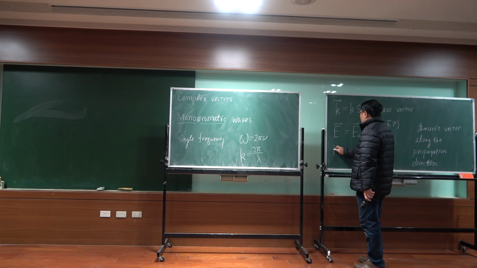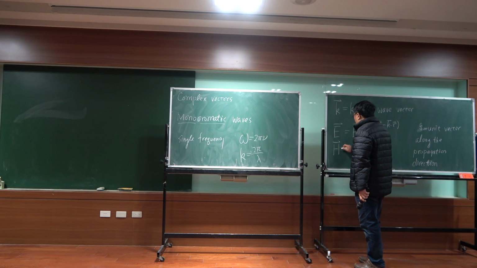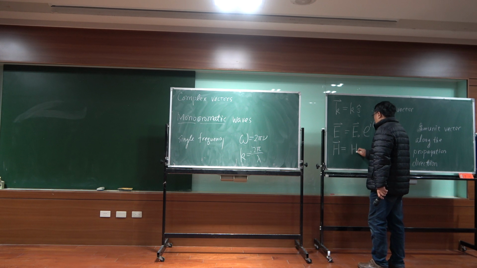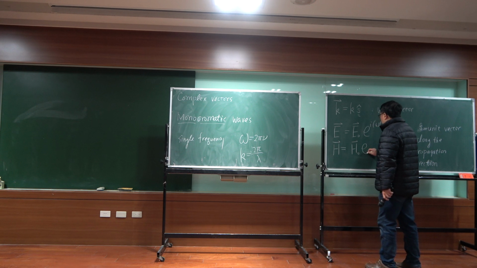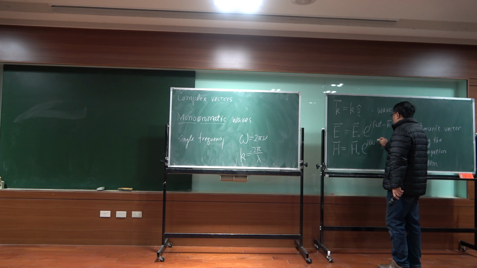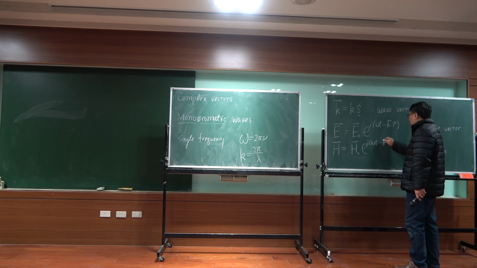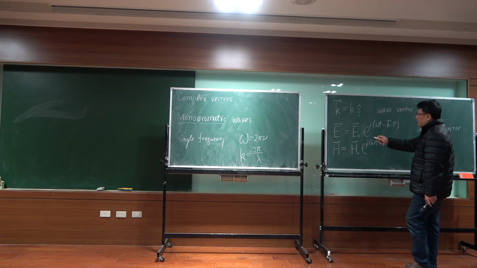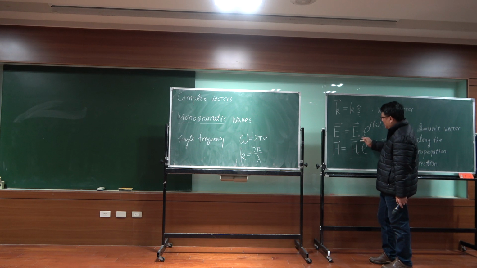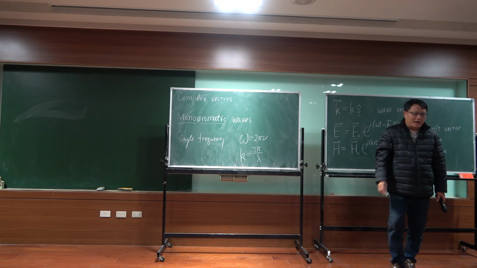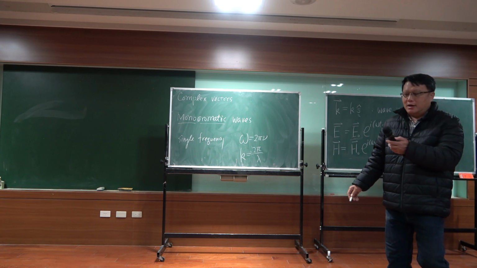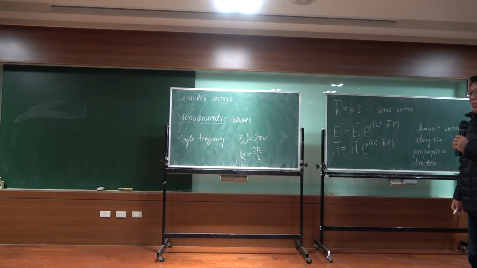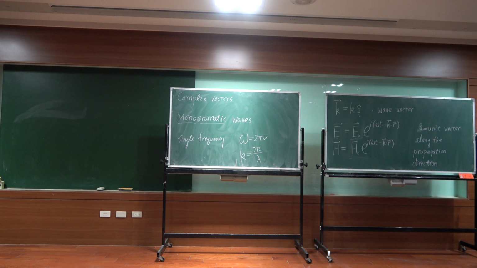And we can also write the H as H0 times exponential i omega t minus k dot r. Here, E0 and H0 are time-independent, constant, complex vectors.